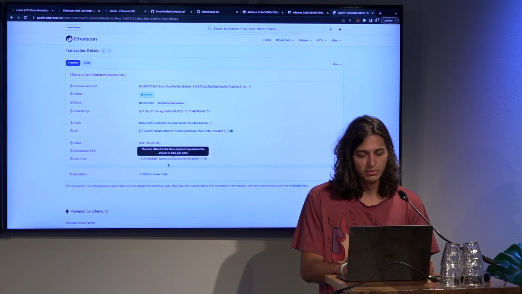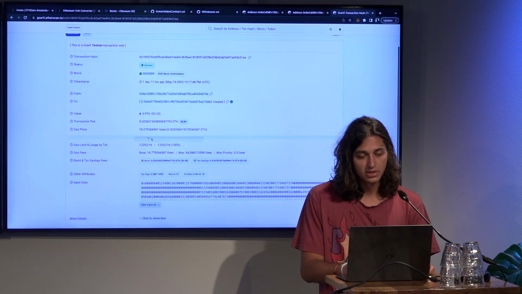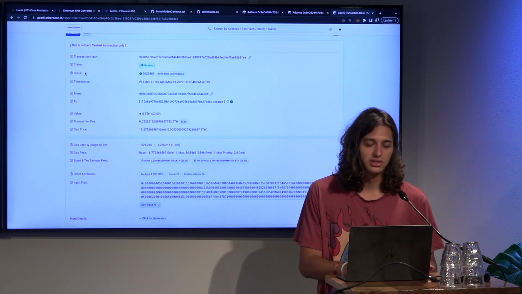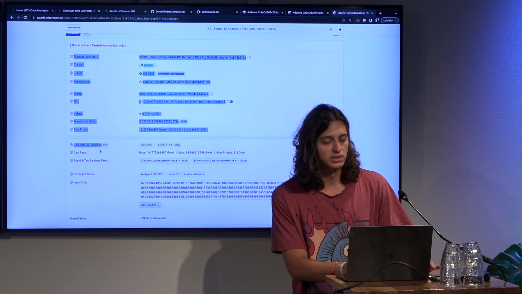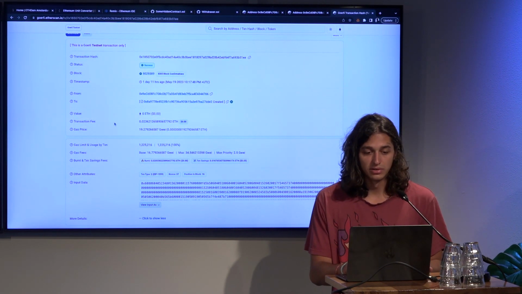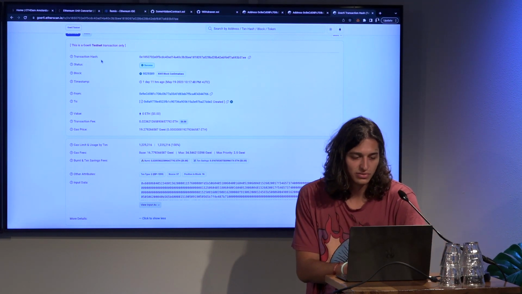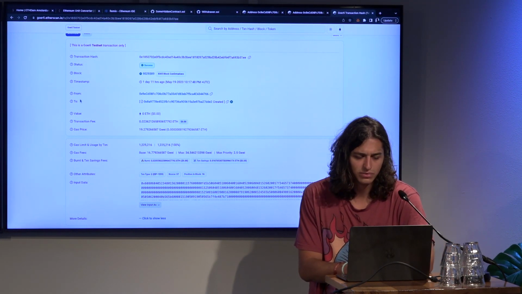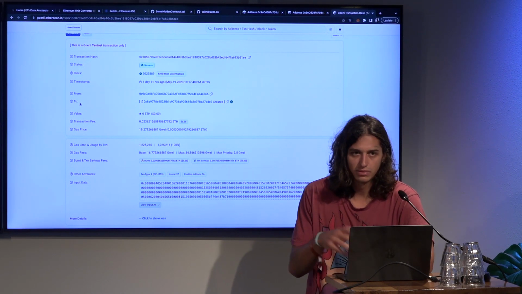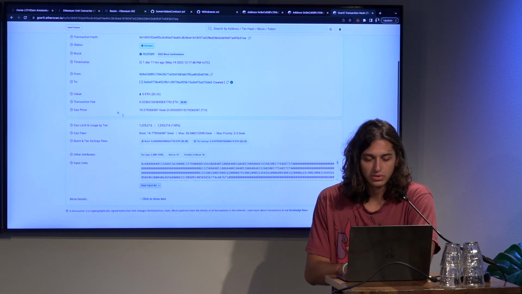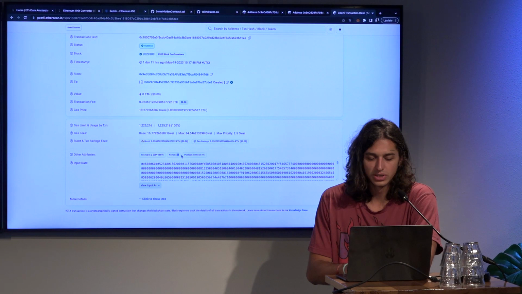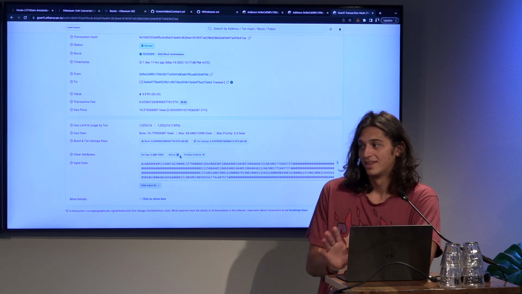Let's take some previous transaction from my address. Every transaction contains some fields that are always the same. You probably know about the transaction hash and the from and to addresses. But there is also one field called nonce, and not a lot of people know about that.